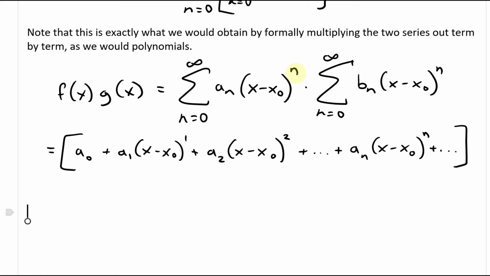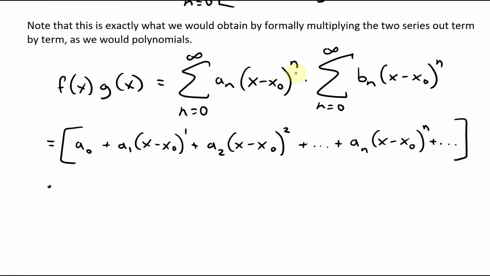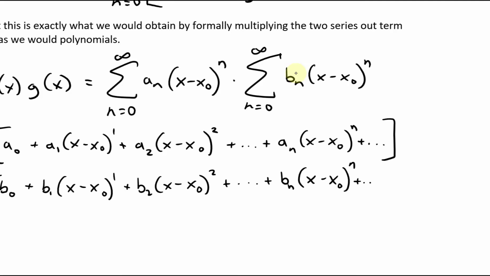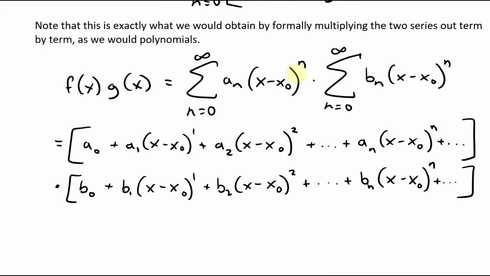So that's what we have there, and we're going to be multiplying it by, put a dot like that for multiplication, the next one, which is b0 plus b1 (x − x0)^1 plus b2 (x − x0)^2, and then plus dot dot dot plus bn (x − x0)^n, and then plus dot dot dot, and then put a bracket like that. Remember, it's exactly the same thing, just with different coefficients.